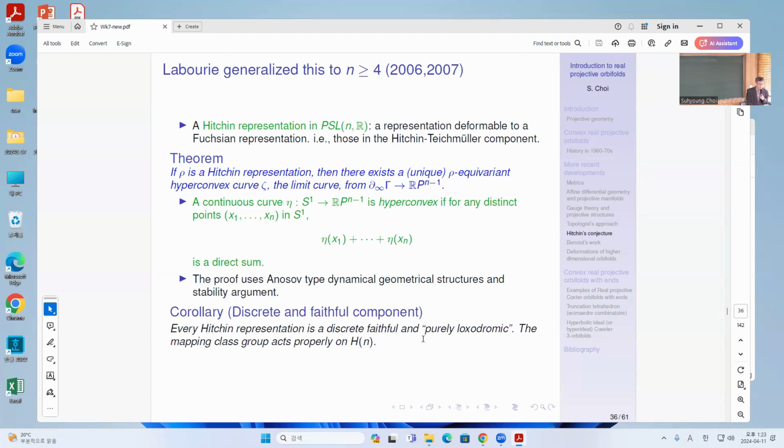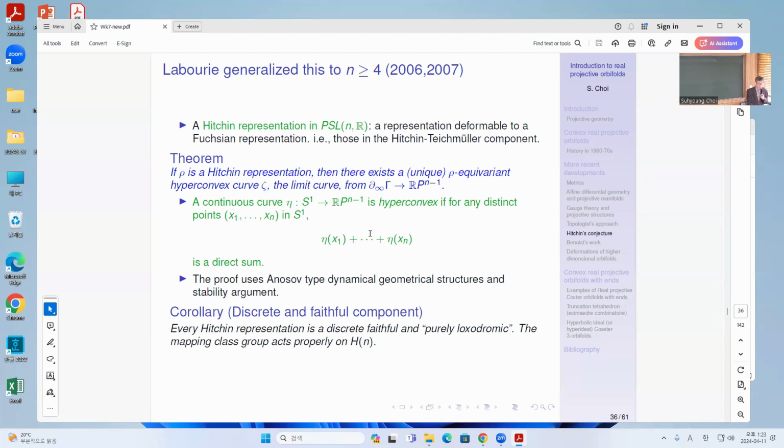Okay, and so now you can show that every Hitchin representation is discrete, faithful and purely loxodromic. Discrete faithfulness comes because if you look at the group action on this circle, PSL2R in this representation image will act on this limit circle as well, right? And this circle's action is like how the Fuchsian group acts, so you can see that it's really conjugate to the Fuchsian group action up to some continuous conjugation.